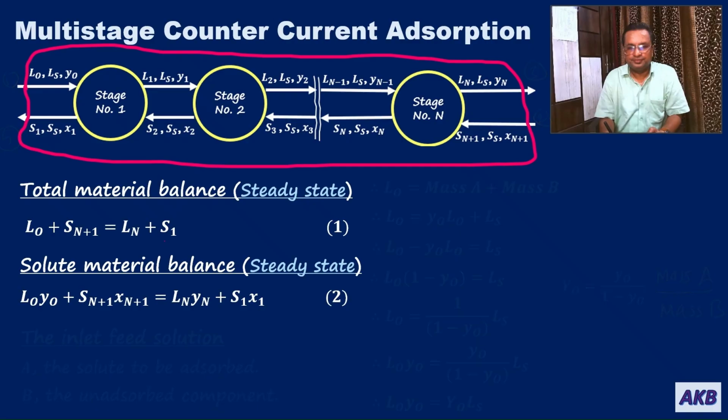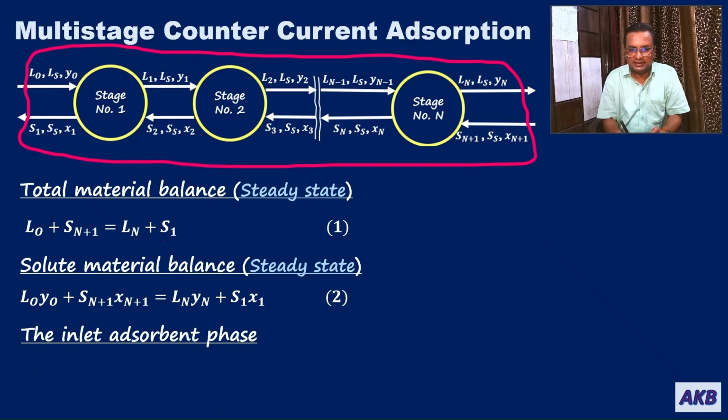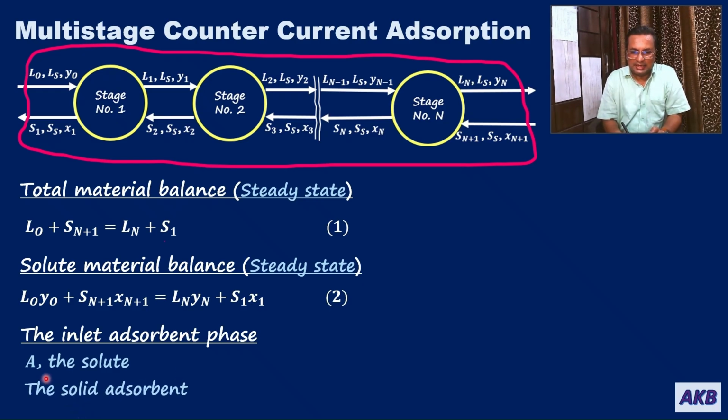Let us move ahead. Now let us analyze the inlet adsorbent phase. It is going to contain the solute because we are using a recovered adsorbent. That's why it will contain a little amount of E on its surface, and it will also contain the solid adsorbent.